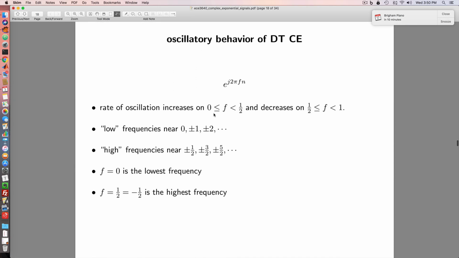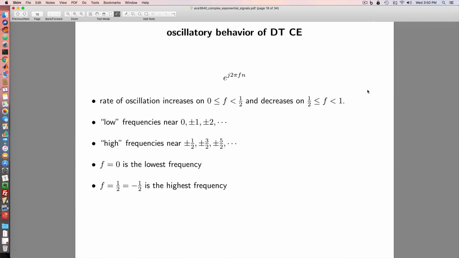Let's now think about discrete time complex exponential signals. Here, as we talked about with those unit circle pictures, the rate of oscillation increases for frequencies between 0 and 1/2, and then for frequencies between 1/2 and 1, the rate of oscillation decreases.